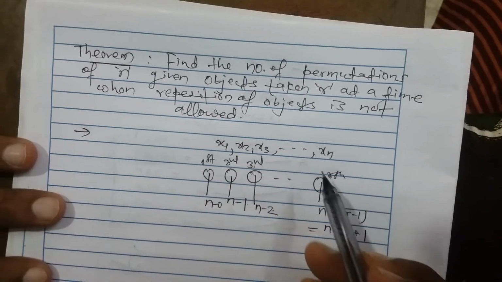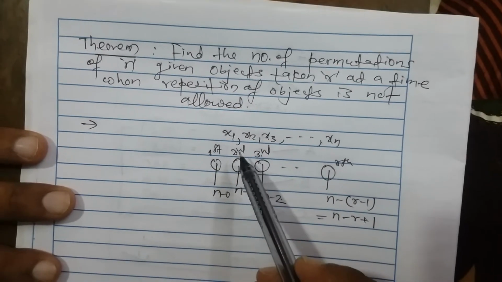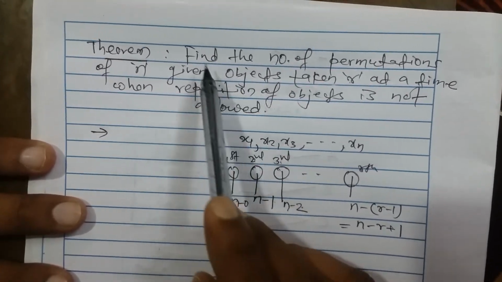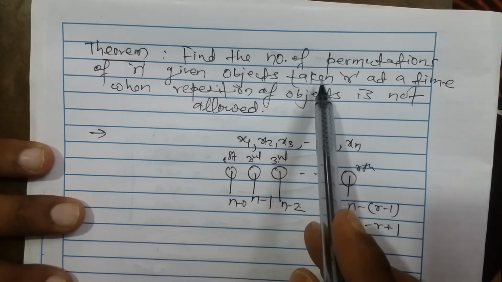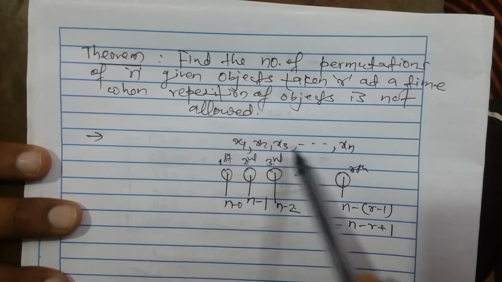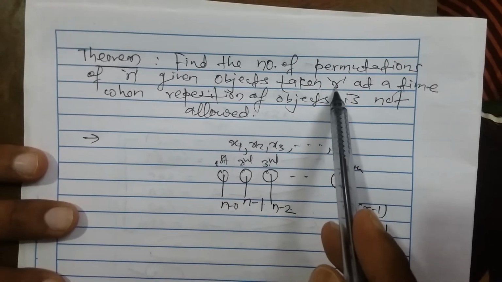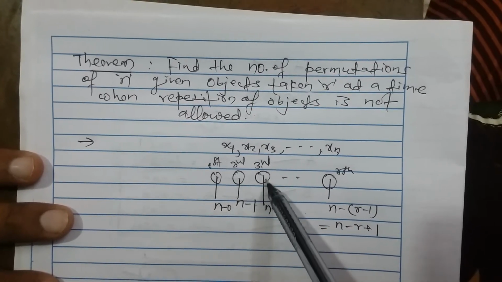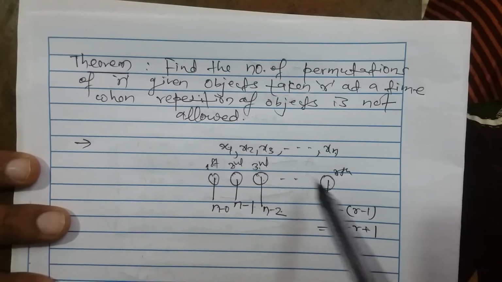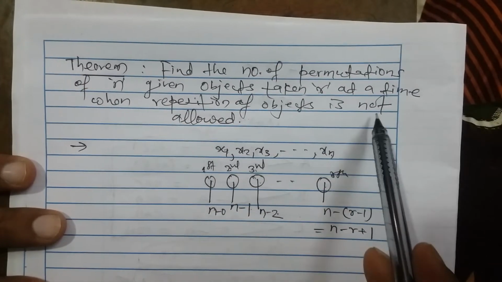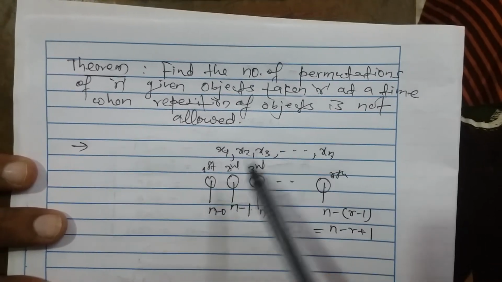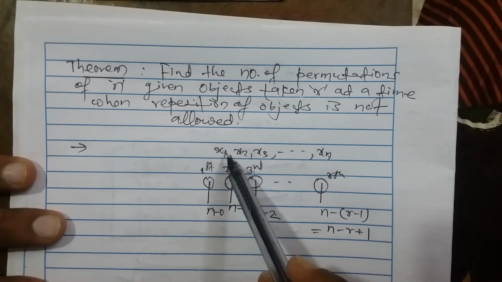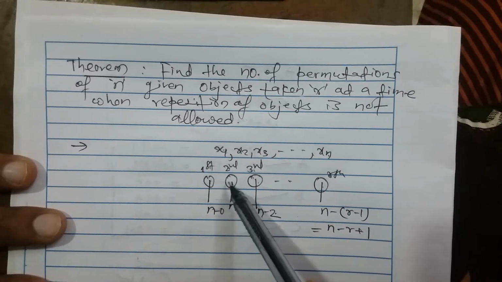So let us see again from the beginning. You have to find the permutations of n given objects, x1, x2, x3 up to xn, taken r at a time. It means you are going to fill r places: first place, second place, third place, likewise up to the rth place. When repetition of objects is not allowed, it means once an object is used here, it cannot be used at another place.